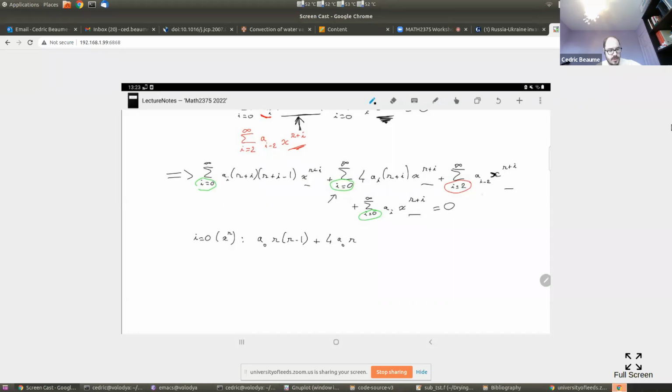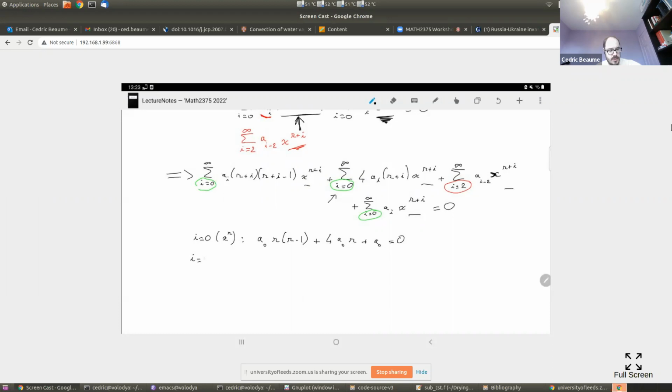That third term here in red does not have any x to the r term. i equals 0 is not comprised in this infinite sum. And the last term here gives me a0 x to the r as usual, and that's got to be equal to 0. So that's our first equation that comes out of this infinite series equation.